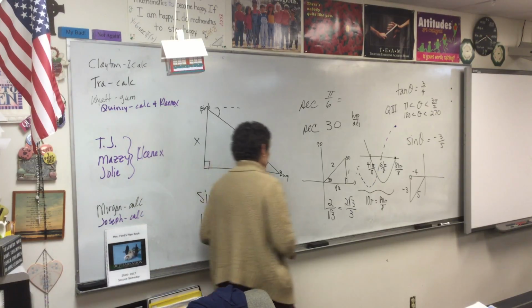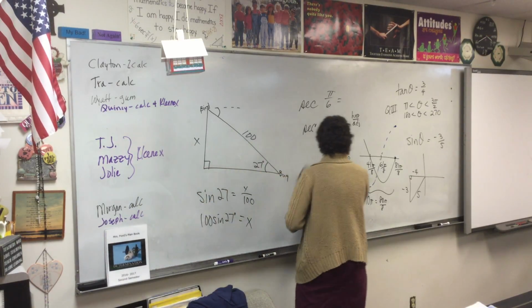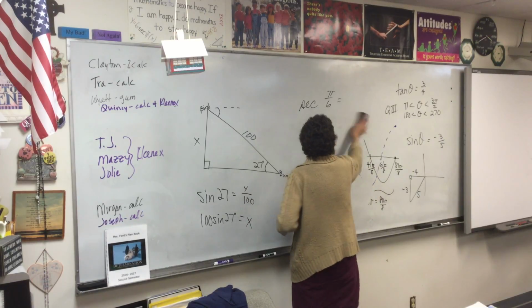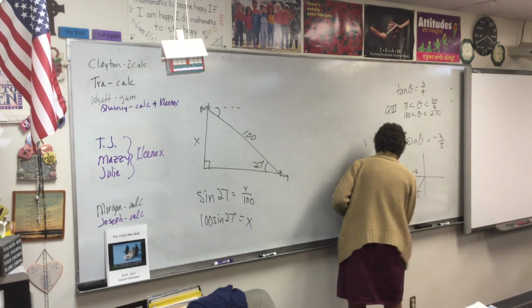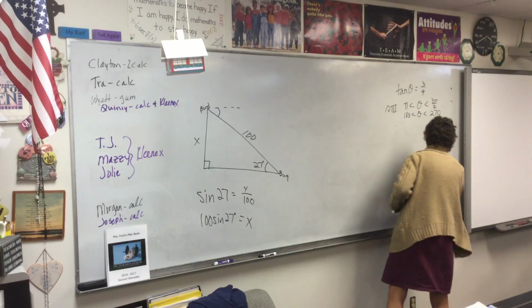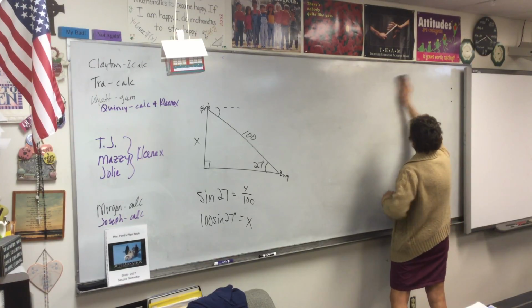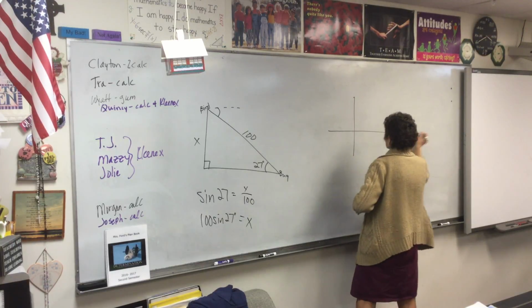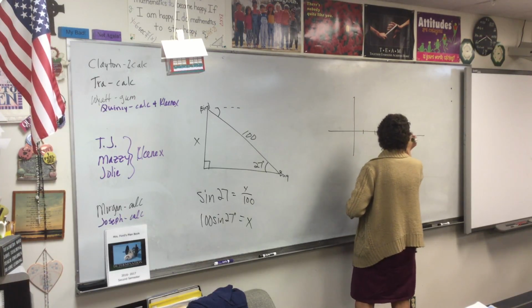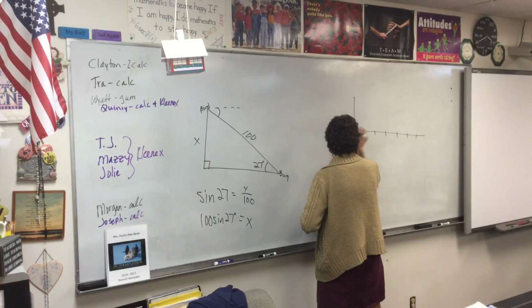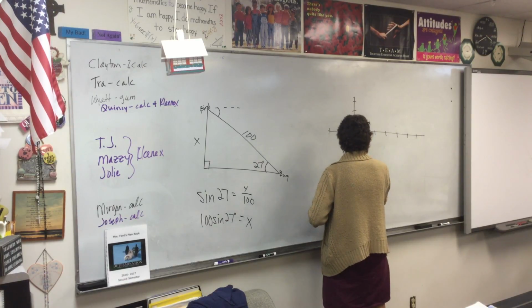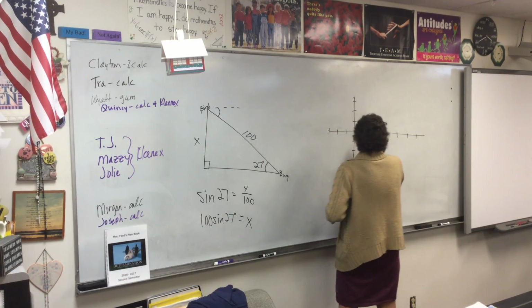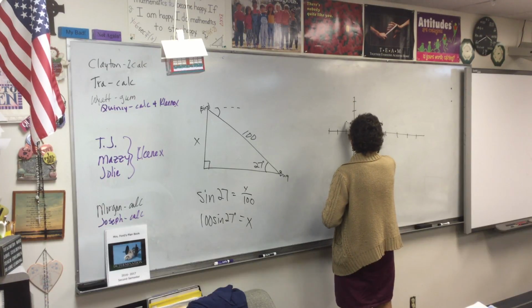Okay, so Alex wants to do one of these problems where I give you the picture and you write the equation. So let me see if I can get one made up here pretty quickly. Okay, here we go. Let's see if I can do this.